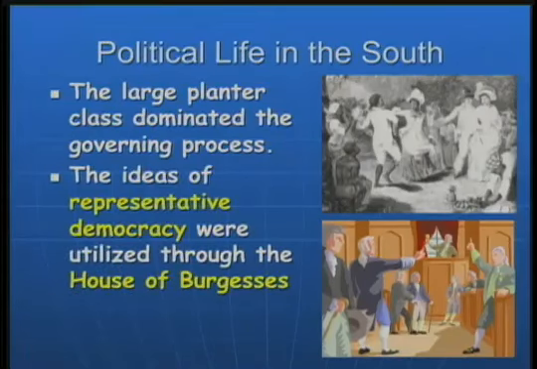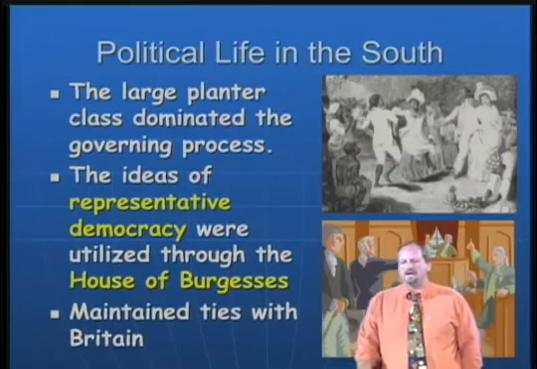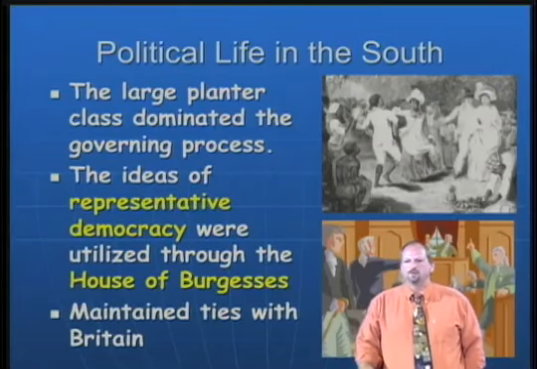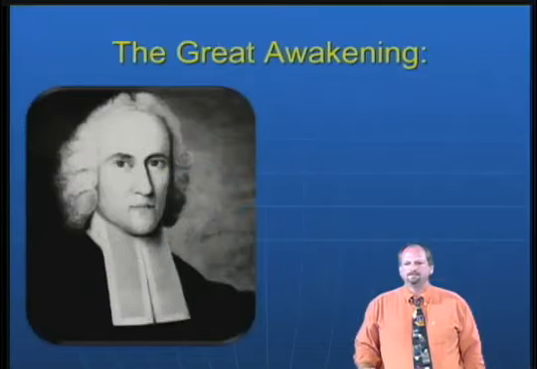The ideas of representative democracy were utilized through the House of Burgesses as well as the representative governments of the Carolinas, Georgia, and Maryland. They maintained close ties with Britain, still holding on to the Anglican Church as their primary source of worship, and were the slowest to come around to wanting to separate from Britain.